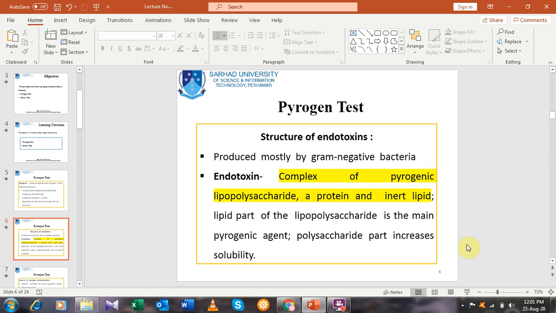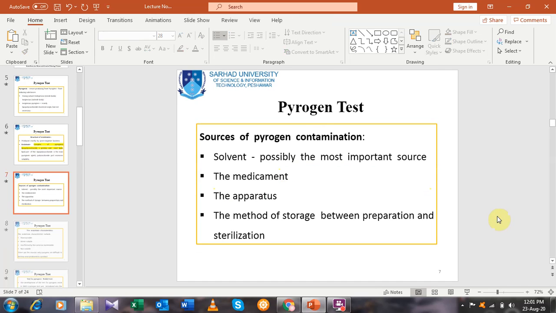The main pyrogenic part in the lipopolysaccharide is the lipid, that is the pyrogenic agent, and it causes the pyrexia, while the polysaccharide part, as you know, lipo is for lipid and polysaccharide is for the polysaccharide. Polysaccharide is responsible for enhancing the solubility, while the lipid part, the main part of the lipopolysaccharide, is the pyrogenic agent. That is to be remembered.